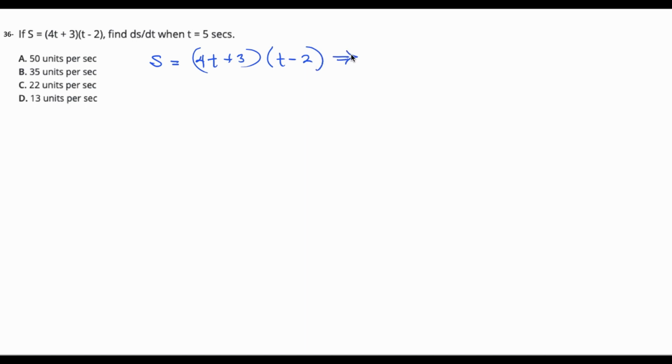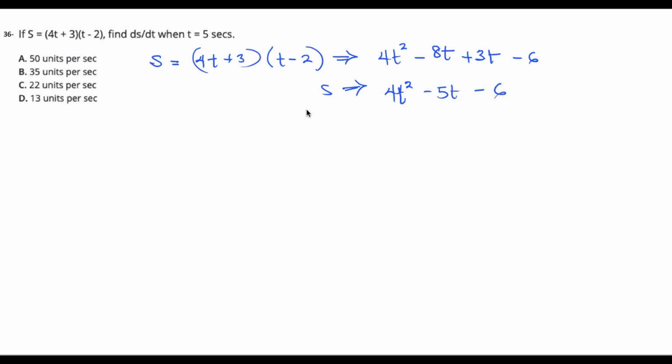If we expand this, we'll have that 4t multiplied by t is 4t squared. 4t multiplied by minus 2 is equal to minus 8t. And 3 multiplied by t is equal to plus 3t. And t multiplied by minus 2 is equal to minus 6. So s becomes 4t squared minus 8t plus 3t, which is minus 5t, minus 6.